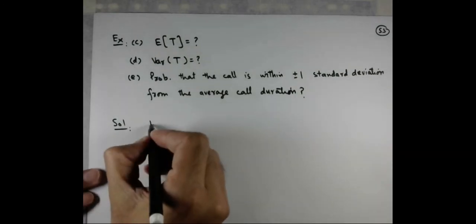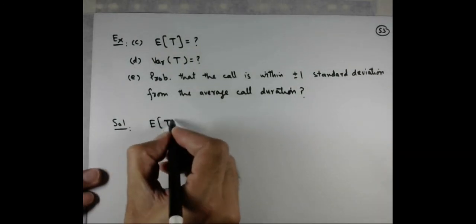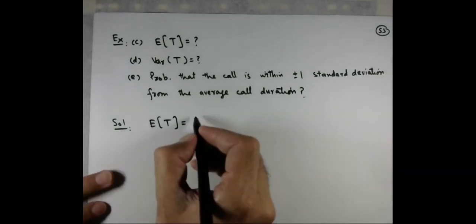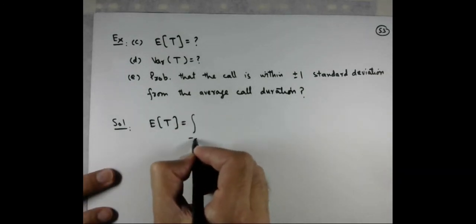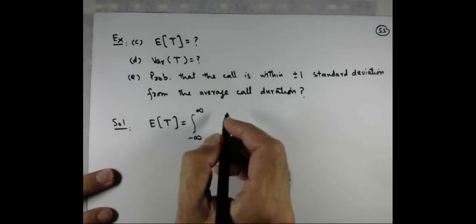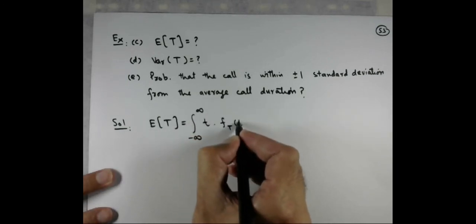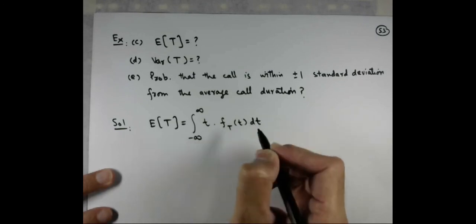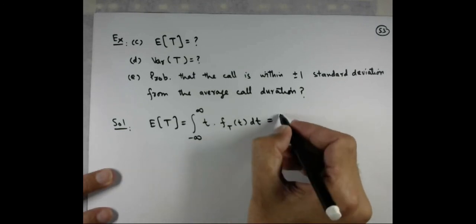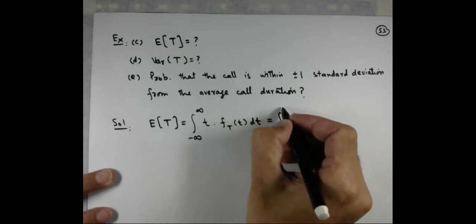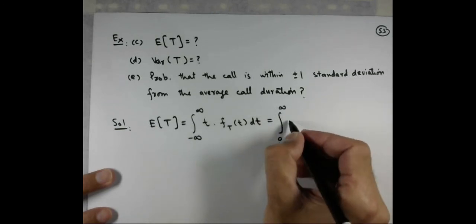So the expected value of the call can be found from minus infinity to plus infinity t times f sub t of t dt. But since the call can never start in the negative time, your interval goes from 0 to infinity.